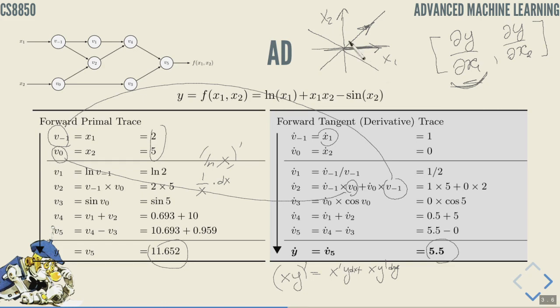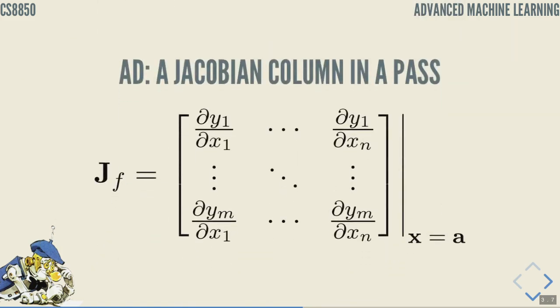So with this directional analogy and the numerical derivative, I hope you see now that what this procedure, the forward mode AD, is doing is it picks a column of the Jacobian in a single pass.